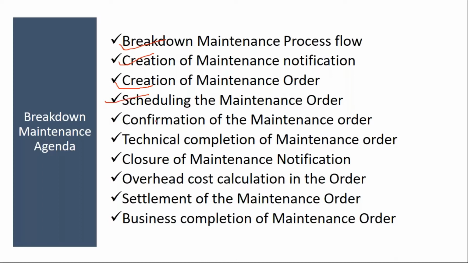Scheduling, how to do scheduling in the maintenance order, then confirming the maintenance order, technical completion of the maintenance order, closure, how to close the notification, then we will see the finance part, the FI part, overhead cost calculation, settlement of the maintenance order, and then finally the business completion of the maintenance order. Okay, so these are the topics we will be covering in the breakdown maintenance.